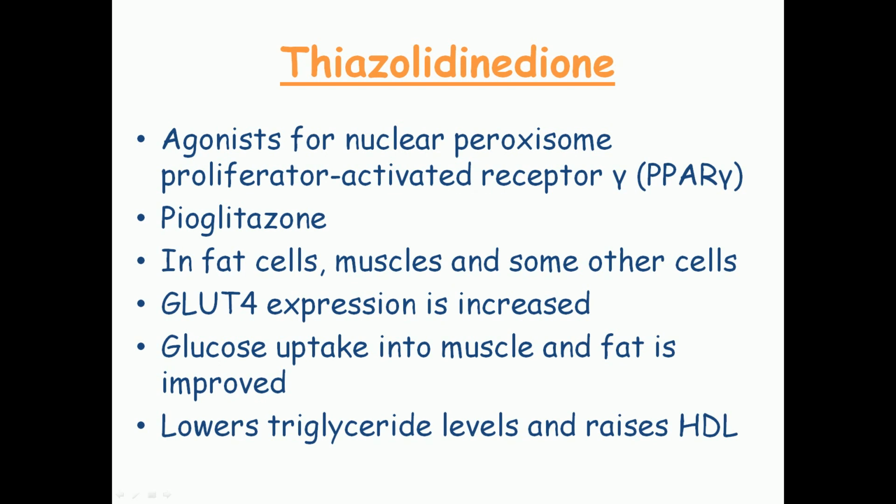Now we'll see about the next group, thiazolidinediones. These are basically agonists for nuclear peroxisome proliferator-activated receptor gamma, PPAR gamma. If you can't remember the whole thing, you can remember PPAR gamma. The drug present in this group is pioglitazone.